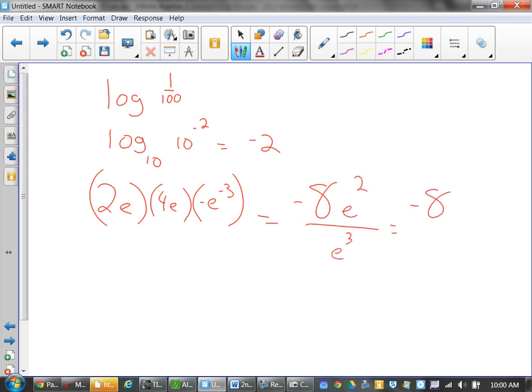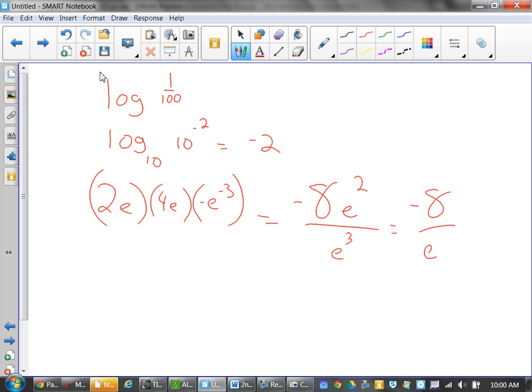So it's negative 8 over e. You use your exponent rules like you would whether it was an e, an x, a y, 6, 12, 32, 18, 24, pi, 72.